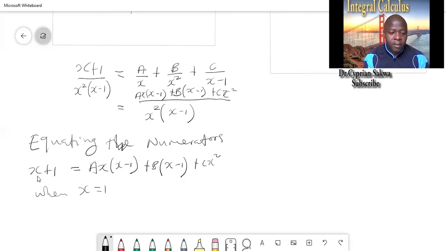When x is 1, on the left side we have 2, and on our right side the rest is 0, and x is 1, so 1 squared is 1. So c is 2.